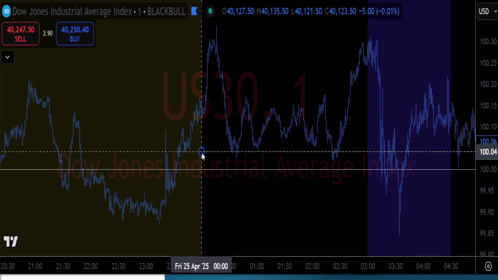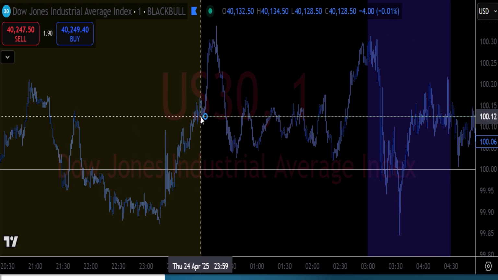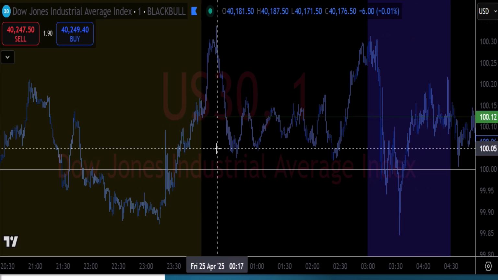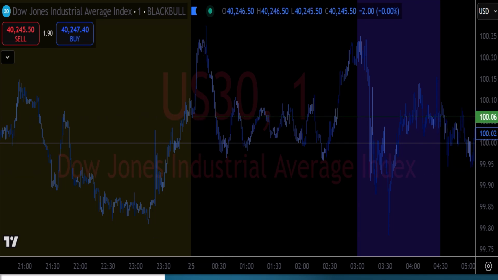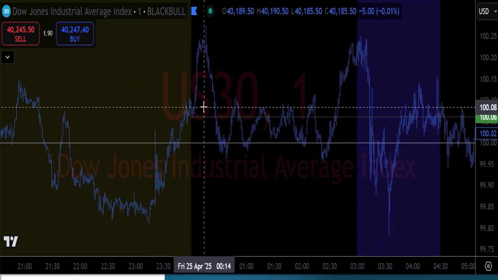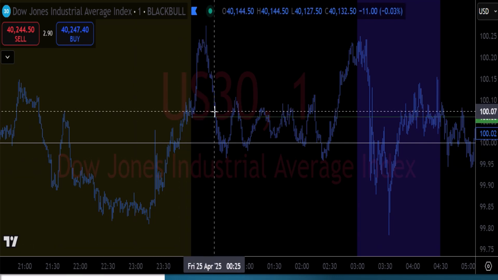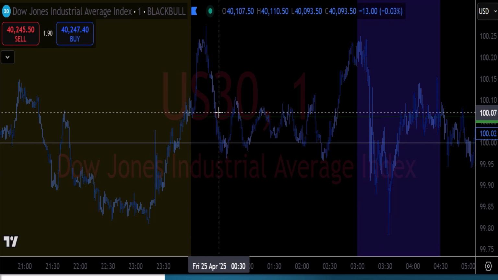So this is the opening range, and then we have the midnight. Let's get another line going here. We're just looking for that first 30 minutes of the opening range.